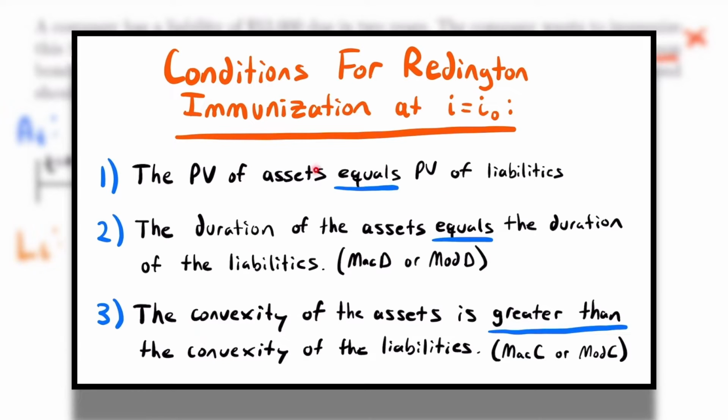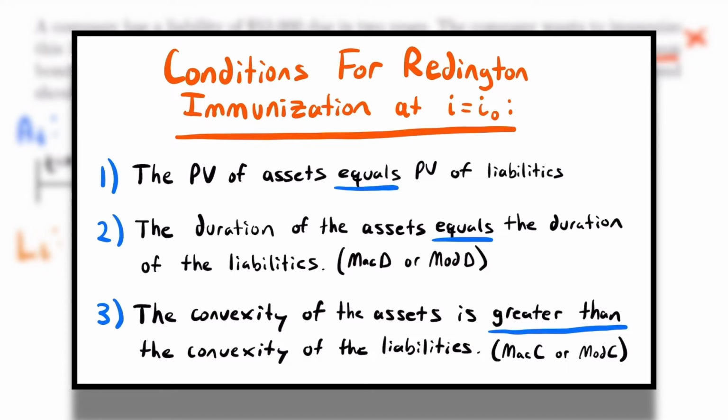Okay, so from these 2 conditions, we will be able to set up 2 equations for our problem. We will be able to set the present value of the assets equal to the present value of the liabilities, and then set the duration of the assets equal to the duration of the liabilities. And that should allow us to solve for x and y, the amount of each bond that the company needs to buy in order to achieve immunization.